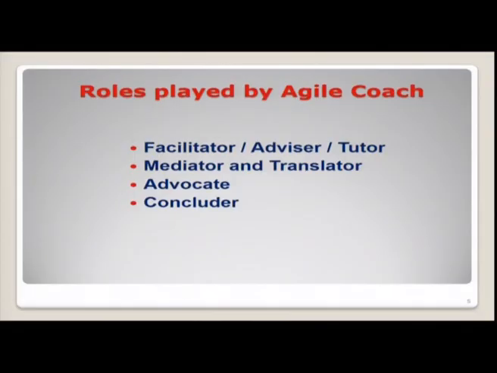Then he is a concluder. What do you mean by the term concluder? He is responsible for completion of the project. Agile Coach is responsible for success or failure of the project. Agile Coach has every right to keep a development team member within the project, or if the development team member is said to be incorrigible.